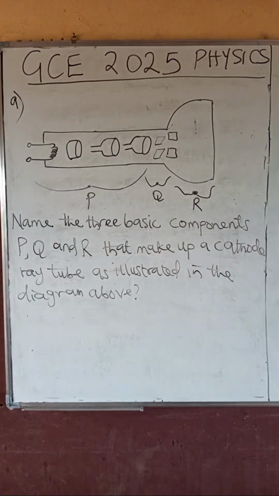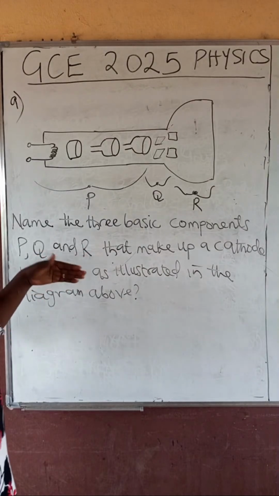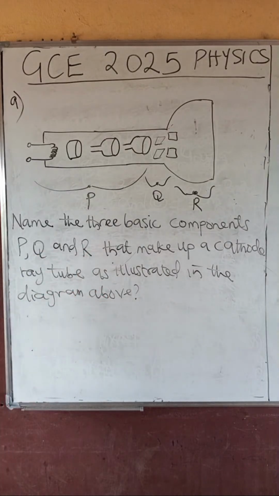All right. We have this diagram on the board. It says name the three basic components P, Q, R that make up a cathode ray tube as illustrated in the diagram above.